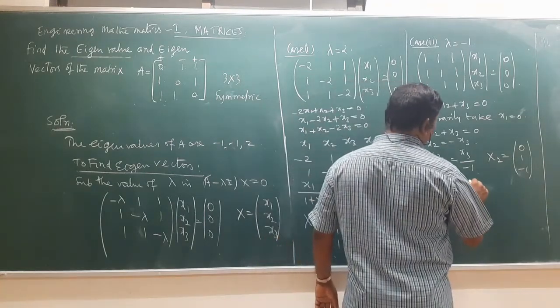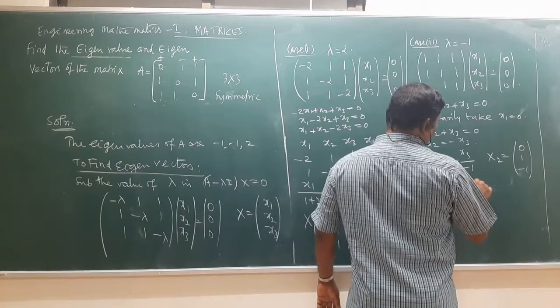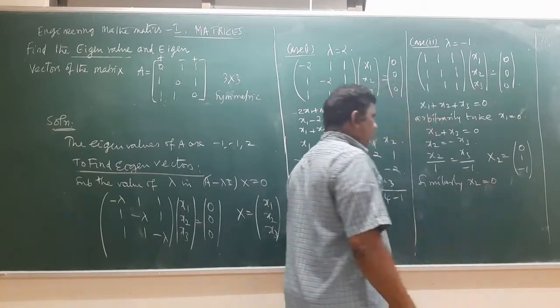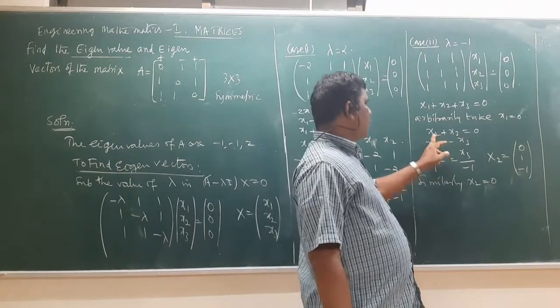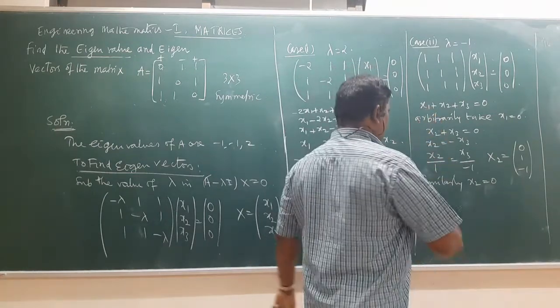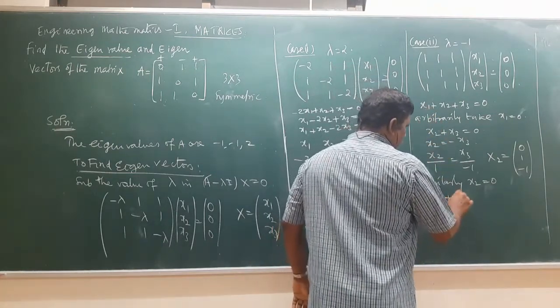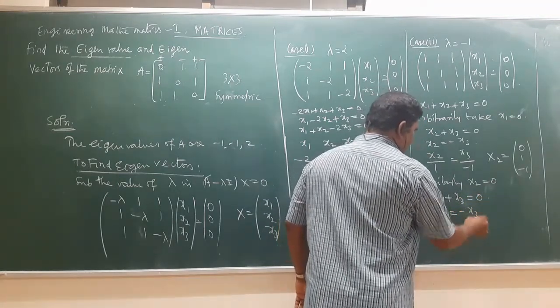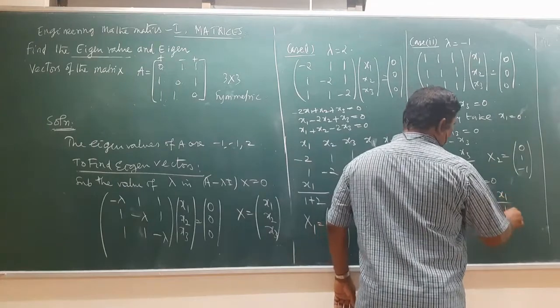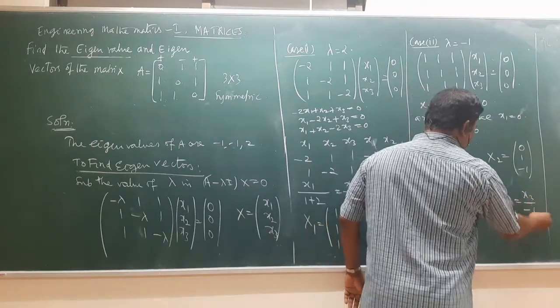Similarly, you can consider x2 equal to 0. If x2 equal to 0, this equation becomes x1 plus x3 equal to 0. So x1 equal to minus x3, therefore x1 by 1, x3 by minus 1.